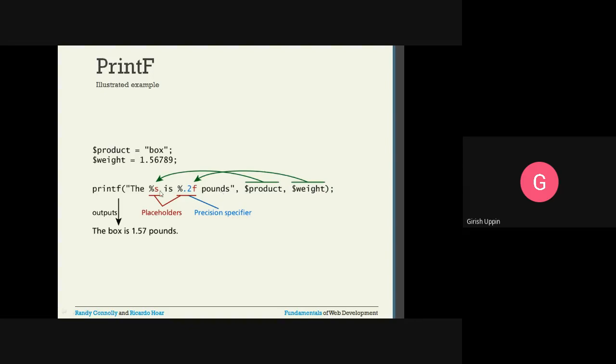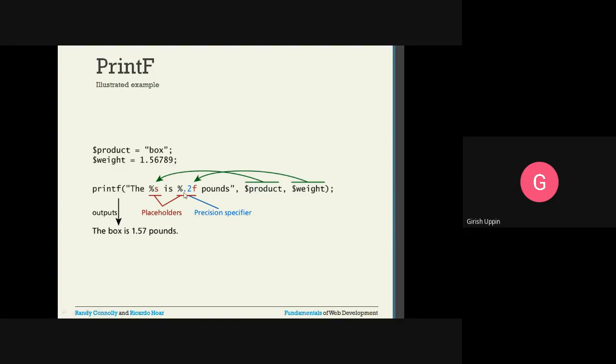So what will be displayed is this: %s is similar to C programming. It is a placeholder for a string. And dot dollar product, that variable is box. So box will be replaced here. This is the second placeholder, which is of type float. So this is replaced with the second parameter, or for printf the third parameter, and that value is 1.56789.